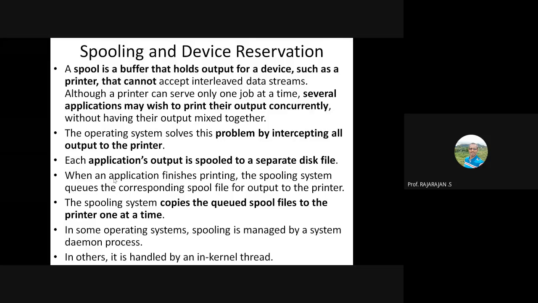You may have n number of systems trying to print at the same time. That is when spooling is needed. Spooling is needed when many systems want to transfer data to one particular IO device. The data is all spooled. It's kind of a queue. So all the data gets spooled into separate files, and one by one, they are transferred to the IO device.